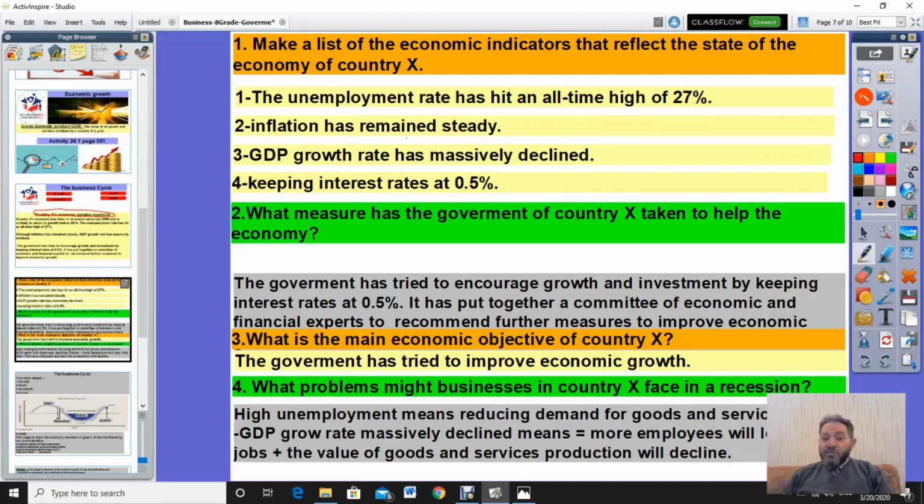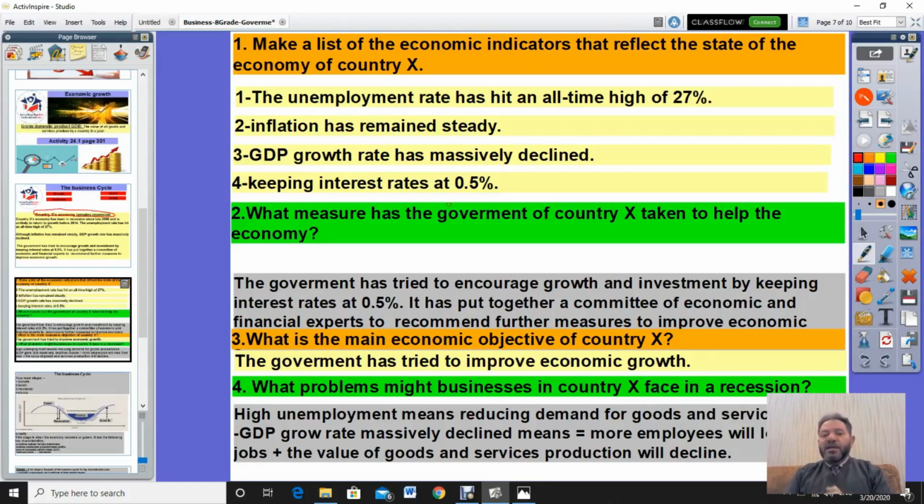Third, the GDP growth rate has massively declined. Fourth, the government is keeping the interest rate at 0.5%. These are the 4 economic indicators mentioned in activity 24.1.